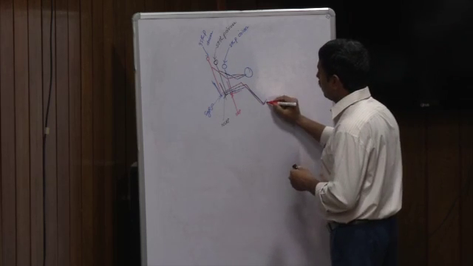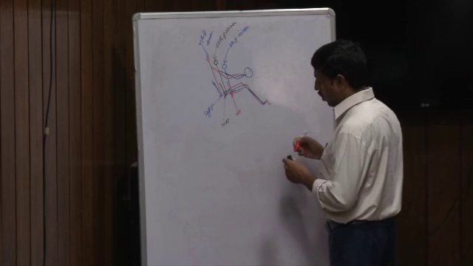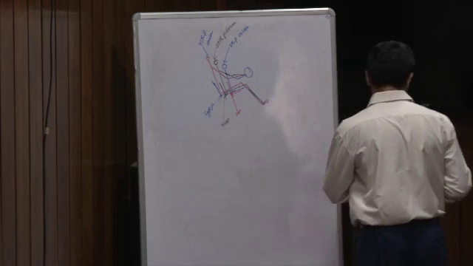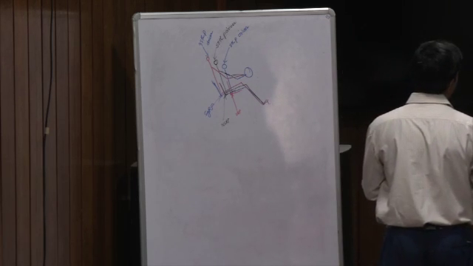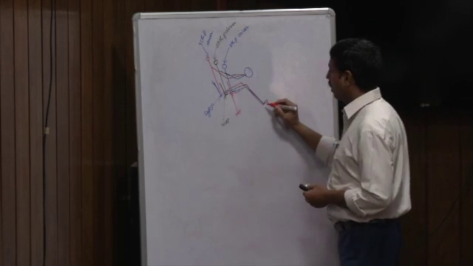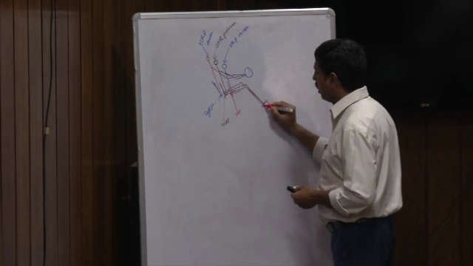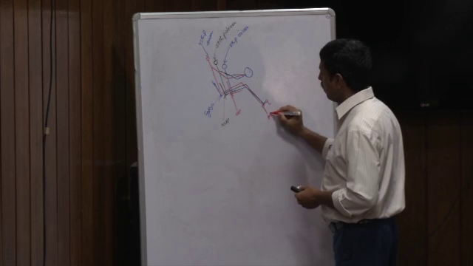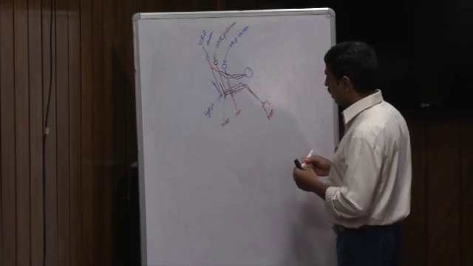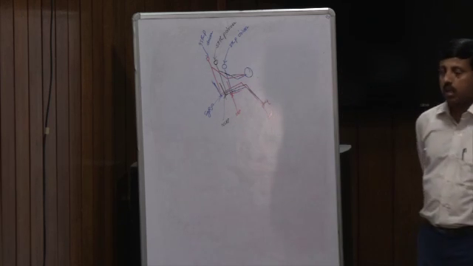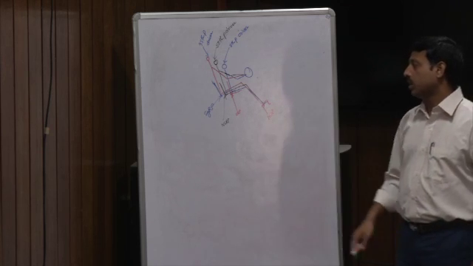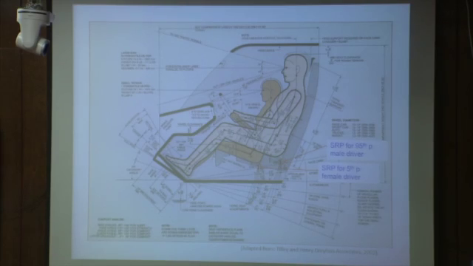If this is the accelerator, while drivers are keeping their leg on the accelerator, their heel touches the ground at a particular point, and that point is known as AHP, accelerator heel point.